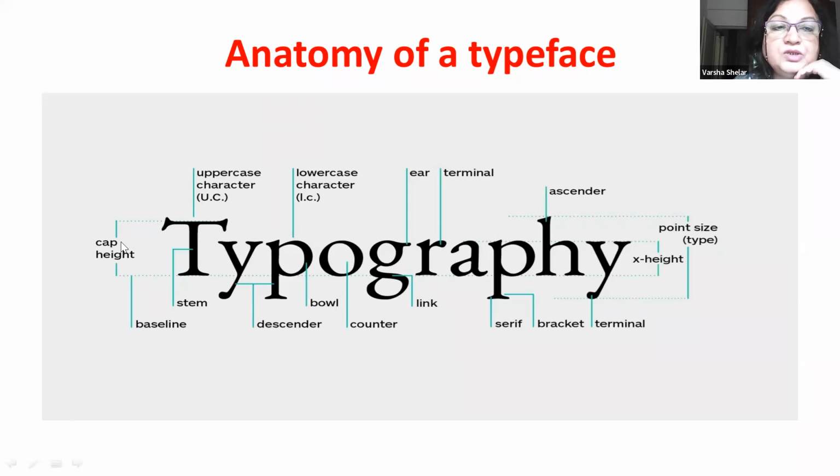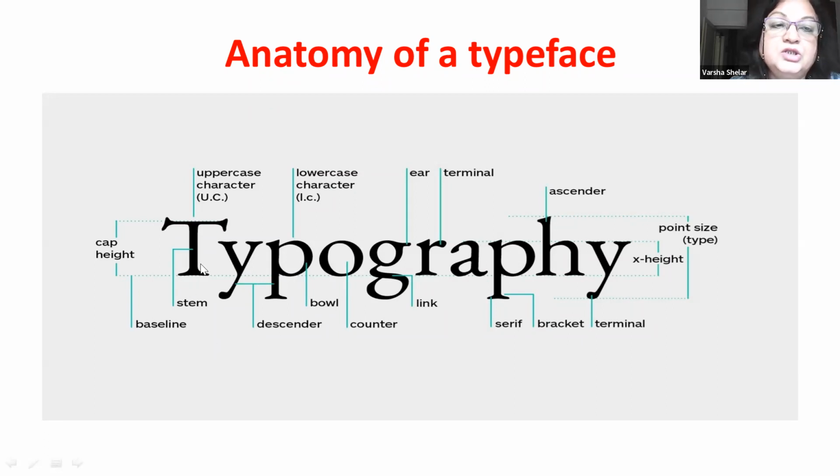So this is called the cap height, the entire height of the capital letter. Then there is the baseline. You'll notice all the small letters, without ascenders and descenders, are sitting on this baseline, right? Sometimes the O and the round letters will be slightly lower to balance it, but that depends on the typeface. But basically, these are the general guidelines.